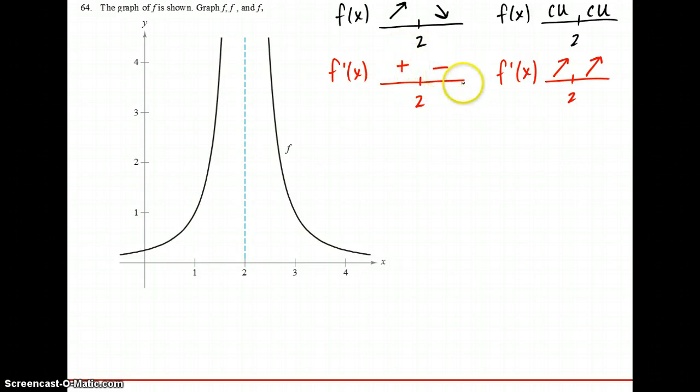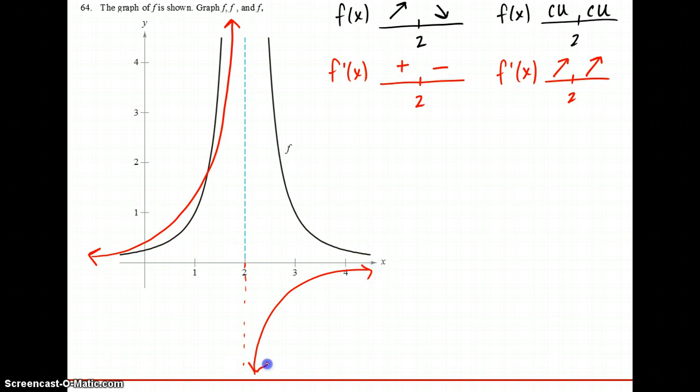So I need a function that's above the x-axis and increasing the whole time. And then to the right of 2, I need a function that's below the x-axis and increasing as well. So if I extend our asymptote, below the x-axis but increasing. So that's what my graph of f prime would look like.